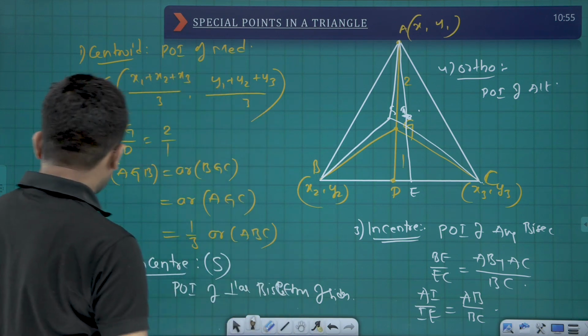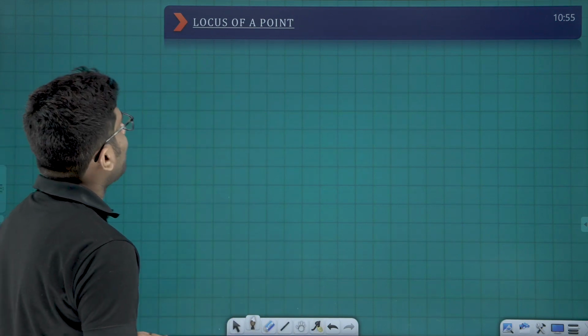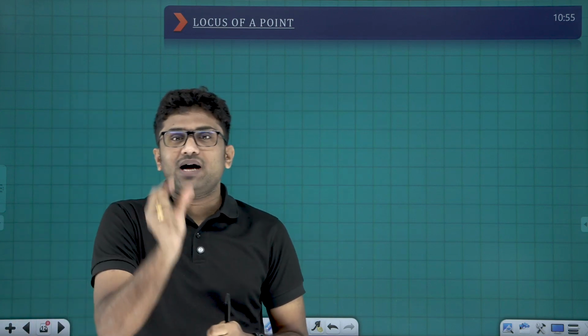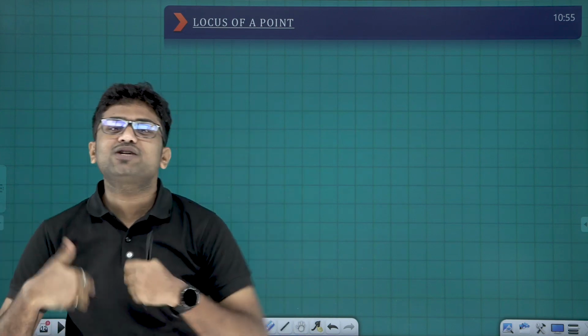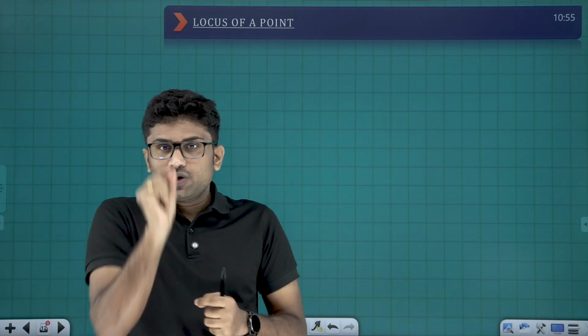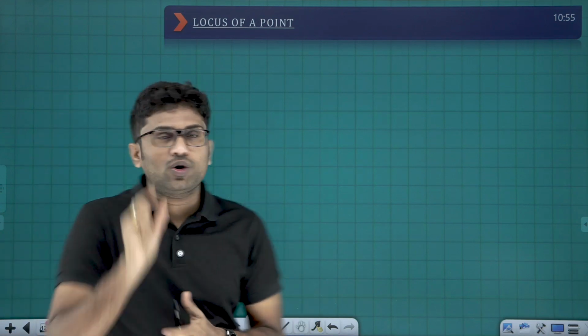Okay, next, locus of a point. Locus of a point is so simple, friends. Locus means the path traced by a point subject to the given conditions. So in finding the locus of any point, what to do?